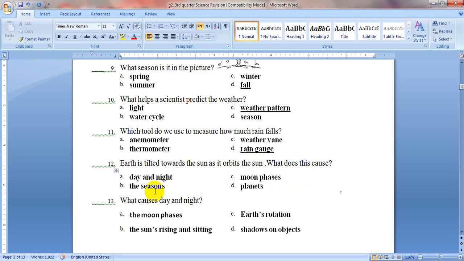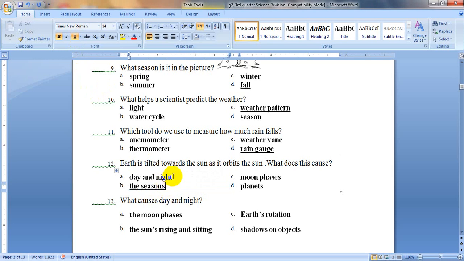And this causes the 4 seasons. So, when a planet moves or orbits around the sun, this causes the seasons.